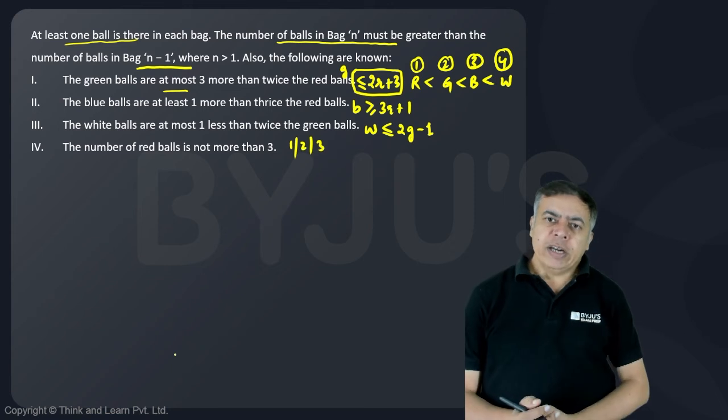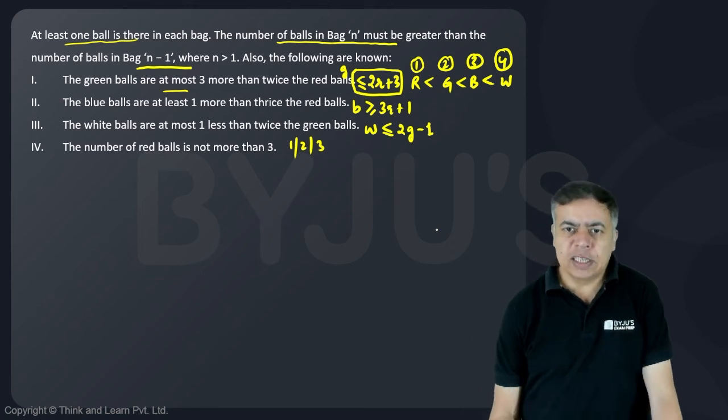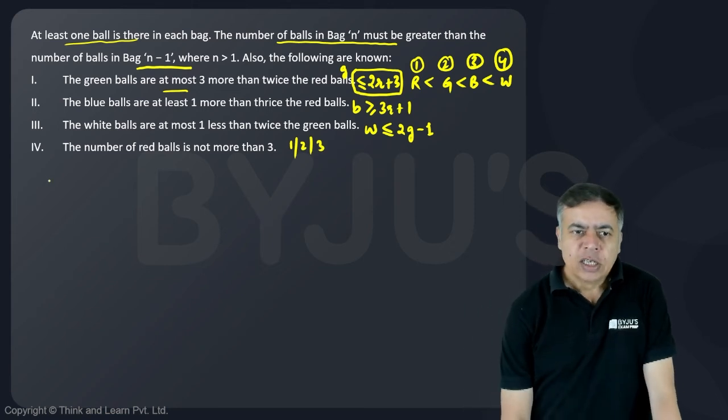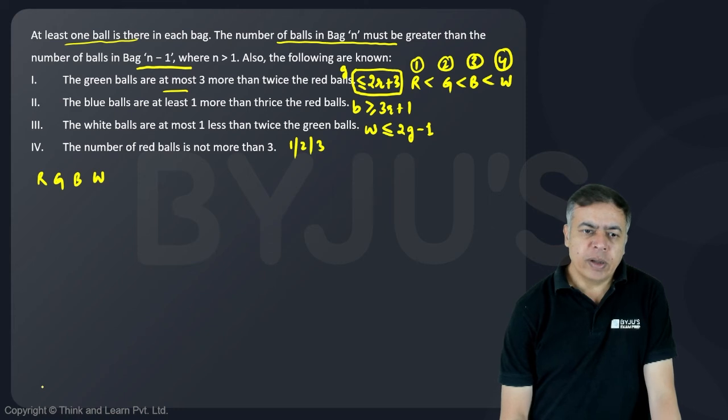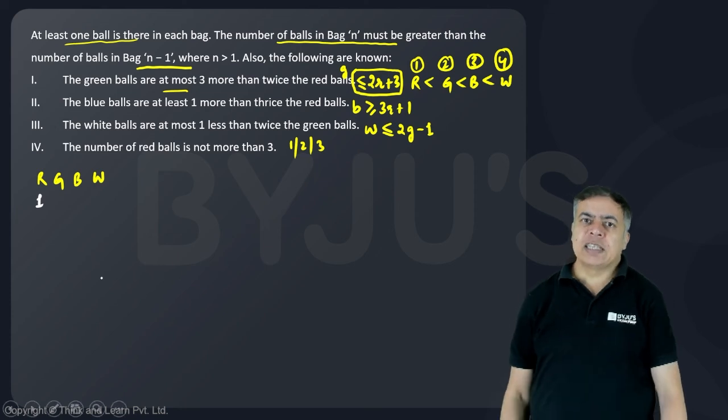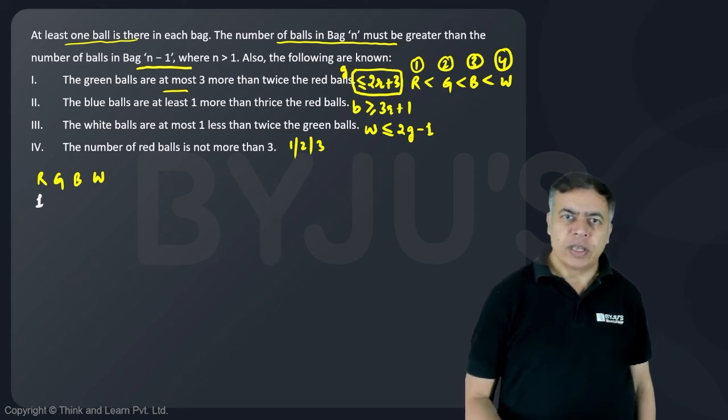So if I take all the cases, just see how I can take the cases. If I write in order, that is red, green, blue and white. Okay, so if red is 1, green can be, it is less than equal to 2r plus 3, that is given.